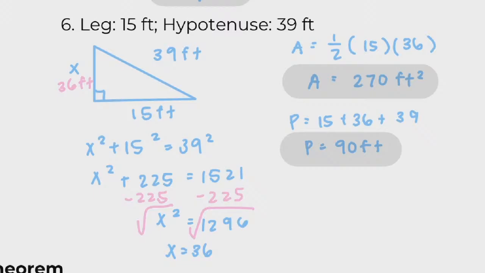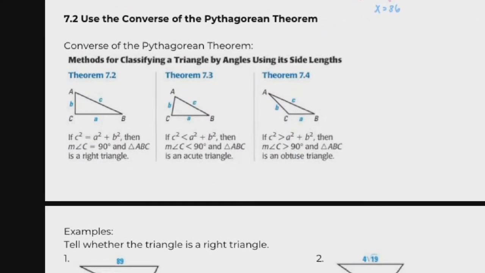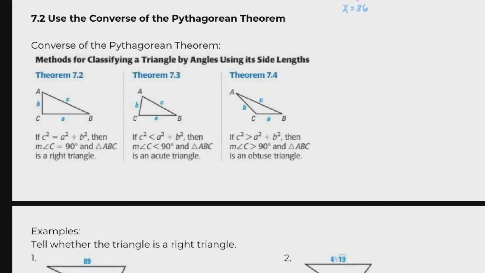Okay, so that's it for 6.1. 6.2, we're using the converse of the Pythagorean theorem, so that's just like backwards of the Pythagorean theorem. That means if a squared plus b squared equals c squared, then it's a right triangle.